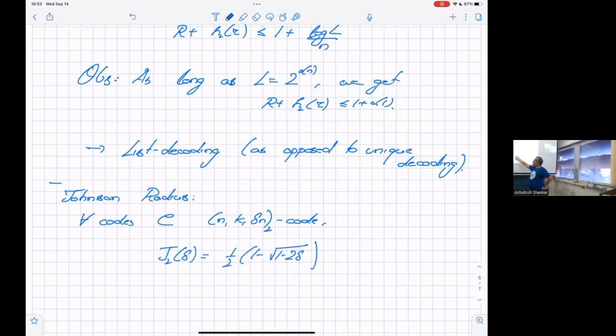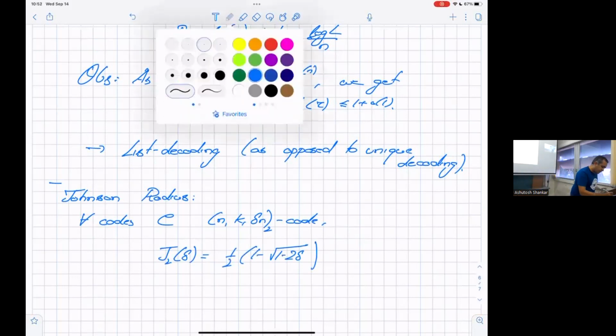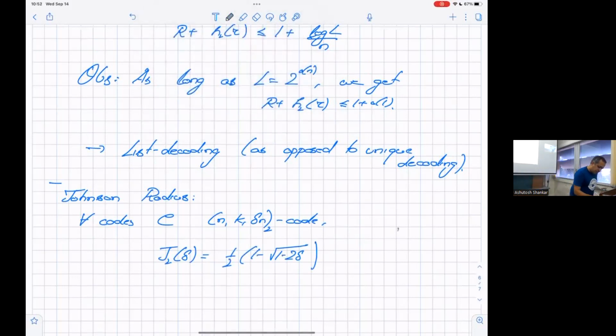Let's do that on the side. Square root of 1 minus 2 delta. So (1 minus x) to the power half, I claim it's always less than or equal to 1 minus x by 2. Agree with that? Just square both sides. So 1 minus x is less than or equal to 1 plus x squared by 4 minus x.